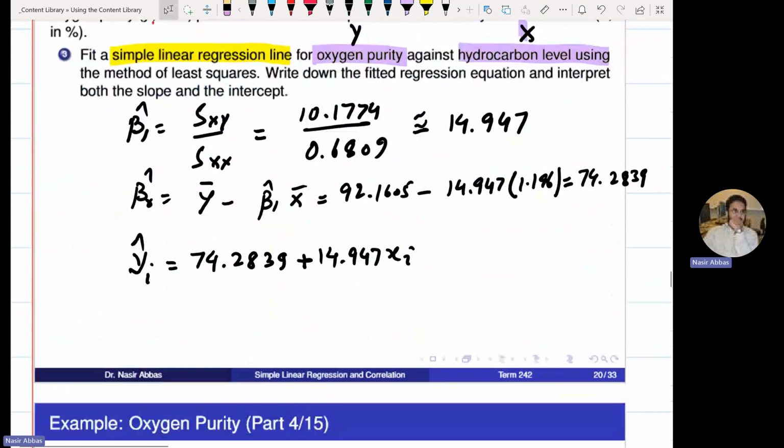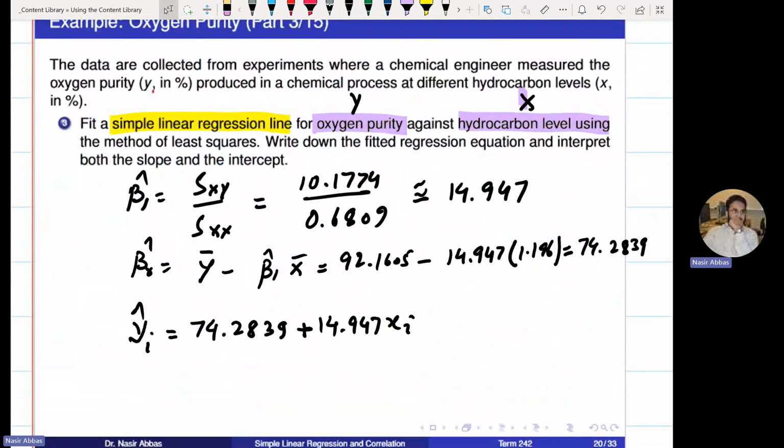What about the interpretation of the other number, 74.2839? Again, when the hydrocarbon level is 0, beta naught will be the average value of Y, the average oxygen purity of a sample where the hydrocarbon level is 0% will be 74.2839.